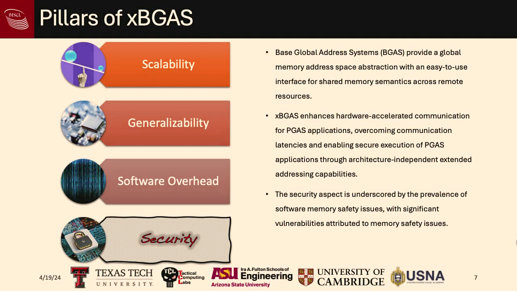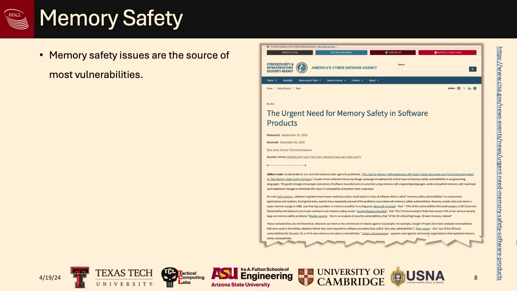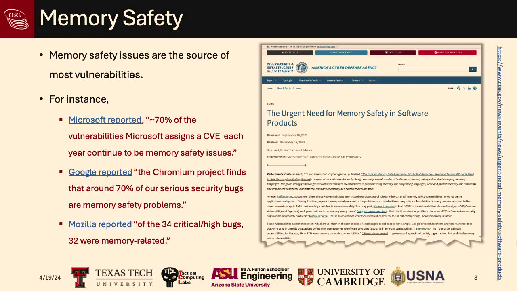And you might see how memory safety has become a bigger and bigger issue by the headlines that you might encounter. For instance, multiple different research accounts attribute about 70% of the safety issues on a traditional computing system to memory safety.